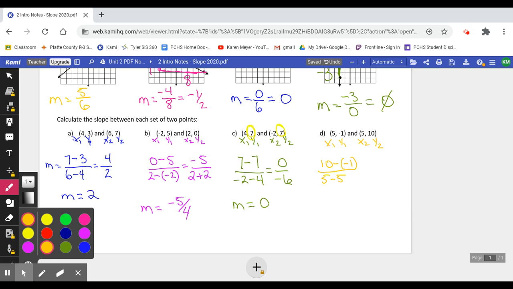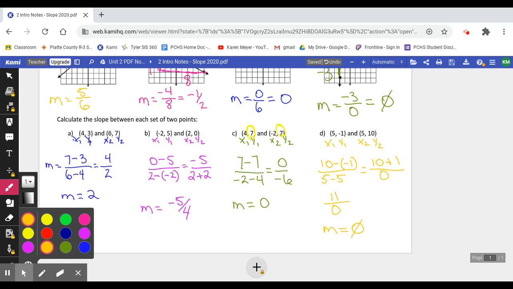Once again, minus a negative is going to switch to a positive. So 10 plus 1 is 11. On the bottom, 5 minus 5 is 0. This time, what happens if you take a number divided by 0? If you do that, your calculator should tell you error, so undefined.